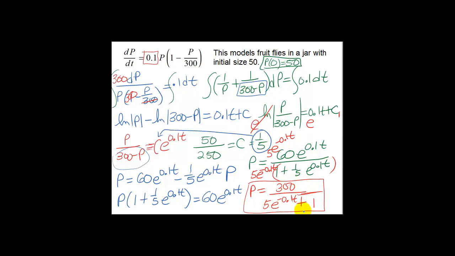So our carrying capacity is 300. We can see that in this solution. Here is a graph. We can see we started at 50, and we're going to climb with this thing, and we are going to approach that carrying capacity of 300.